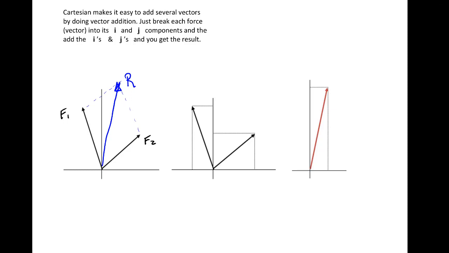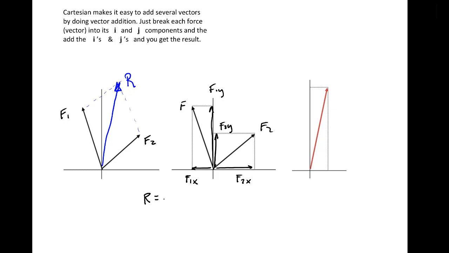Well, we can break the two forces up into their components, so let's just do that. Let's say that F1 has a force in the x direction and a force in the y direction, and F2 will have a force in the x direction and a force in the y direction. Figuring out what those four components would be, then we know that the resultant in the x direction is going to be the sum of those two components in the x direction.